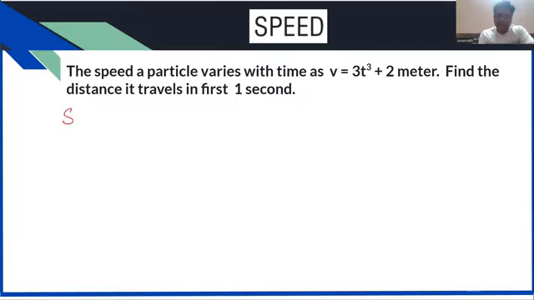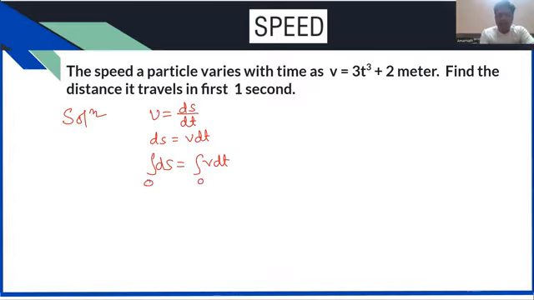So what is the relation actually? We know that v equal to ds by dt, but we require ds, but we do not require even ds also. We require total distance. So when the time was 0, there was no distance traveled.